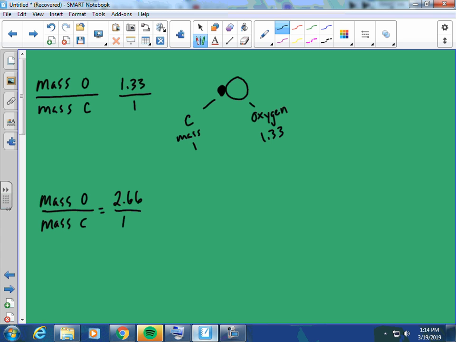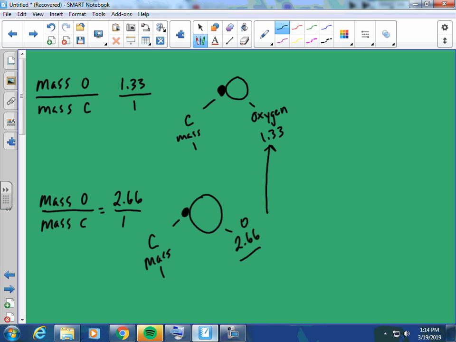So if we tried to do one atom of each, it would still be that carbon has a mass of 1 and oxygen has a mass of 2.66, which doesn't really make sense. But when we look back at compound 1, we notice that this is twice as much.